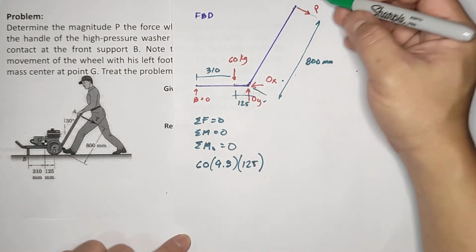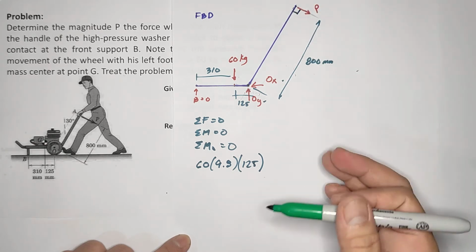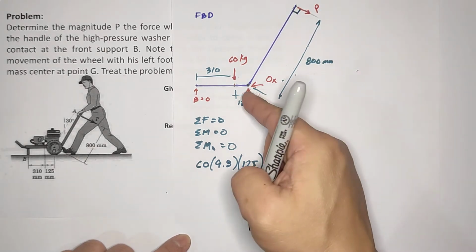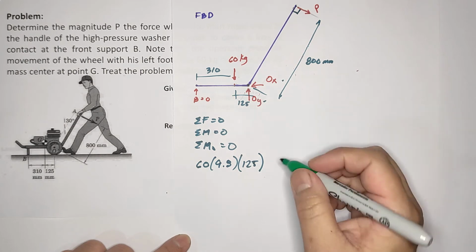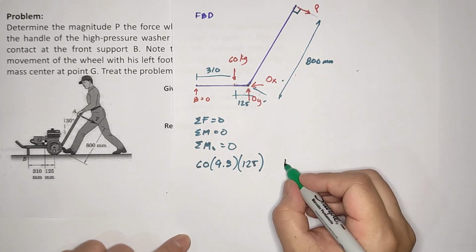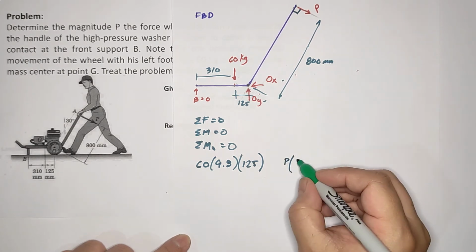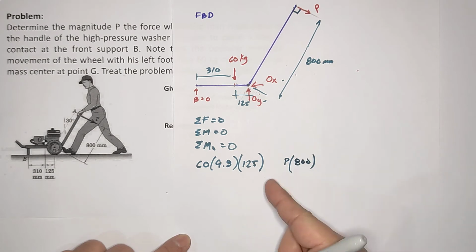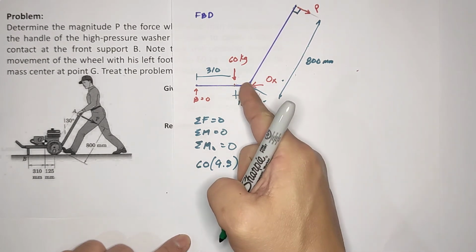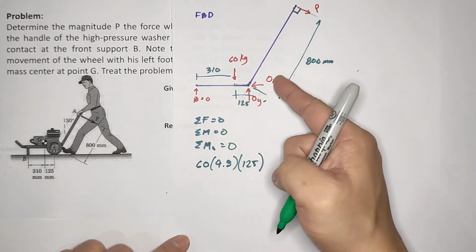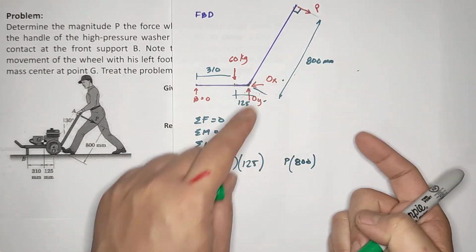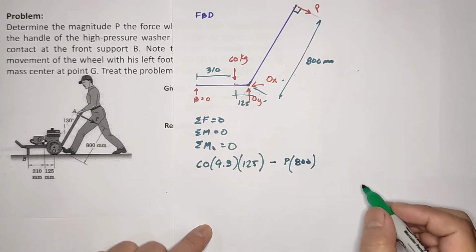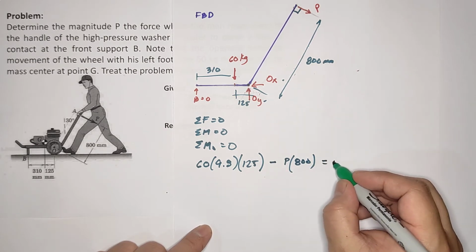Then what's next? This one. Take note that this is perpendicular, so you have P multiplied by the perpendicular distance, that is 800. Is that positive or negative? Since the rotation is clockwise, this is negative, then there are no other forces so it equals 0.